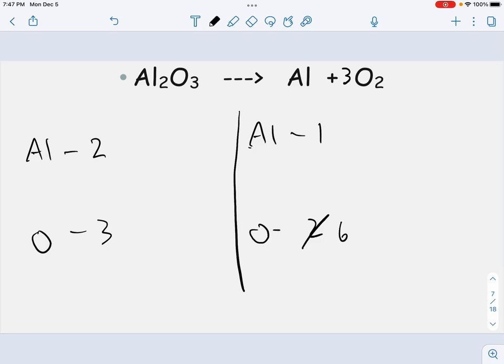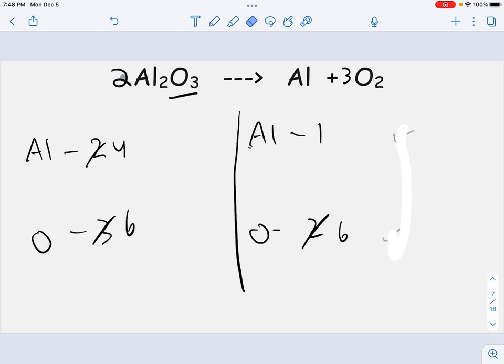But now I need to balance oxygen on the left-hand side. So I've got O3. So in order to get 6, I'm going to add a 2, okay, to Al2O3. And by doing that, okay, I now have 4 aluminums and I have 6 oxygens. So oxygen balances out, but not aluminum, okay?